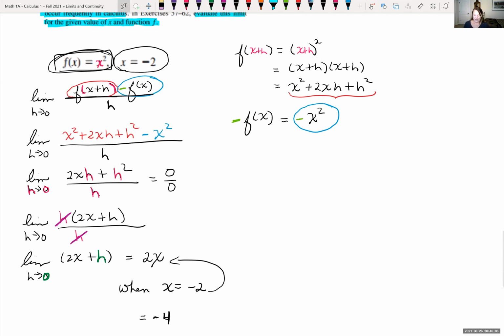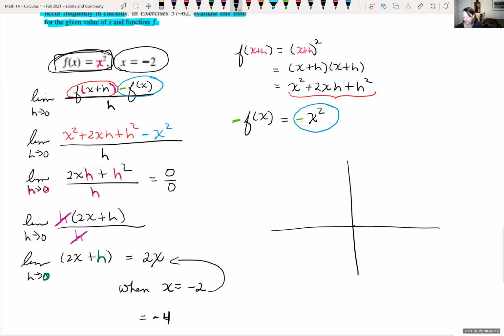If you look at this graph, technically all that's saying is our graph of x squared, we know, is a parabola. And what's happening at x equals negative 2 is that our slope right here on that line, the instantaneous rate of change at x equals negative 2, is equal to negative 4.